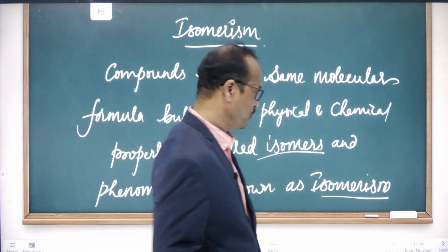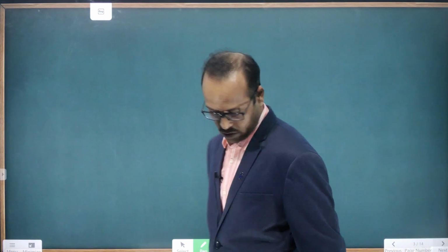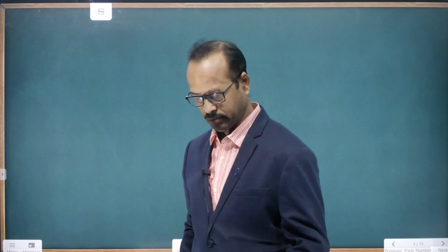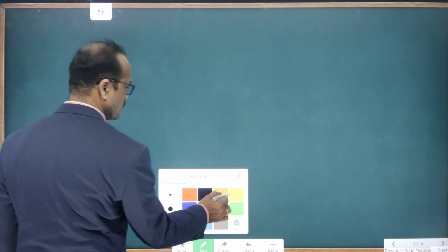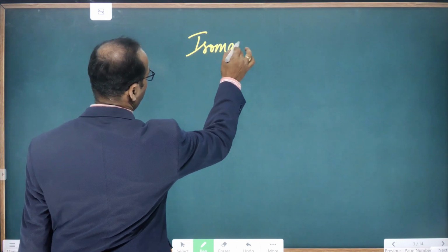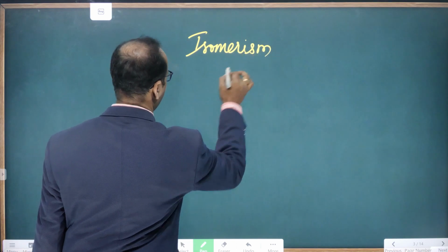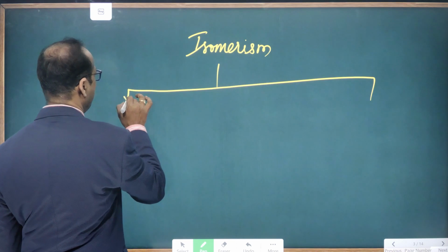Finished? Chalo. We go to the classification now. If you see the classification, isomerism is mainly classified into two types.